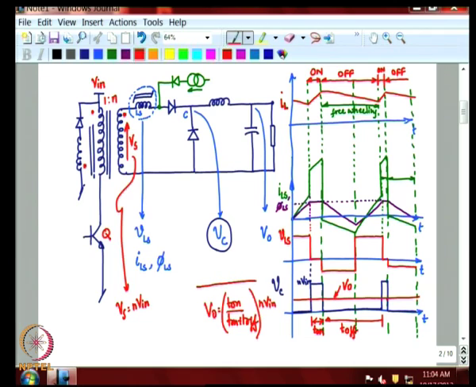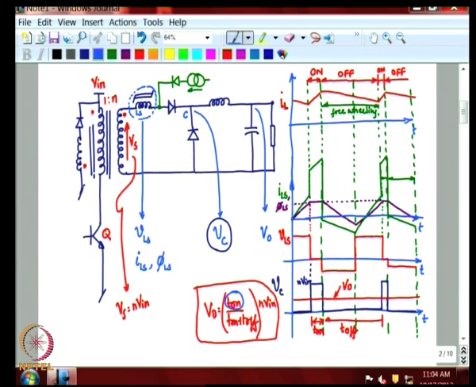That would be the voltage at the output. Remember that by controlling the rate of flow here, we are able to control the on time.